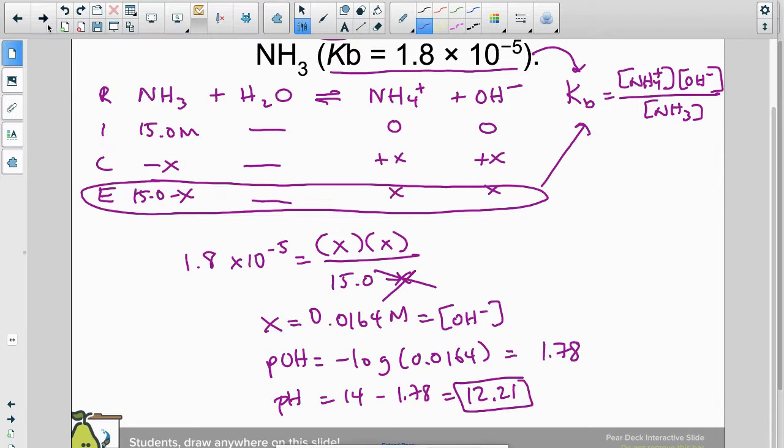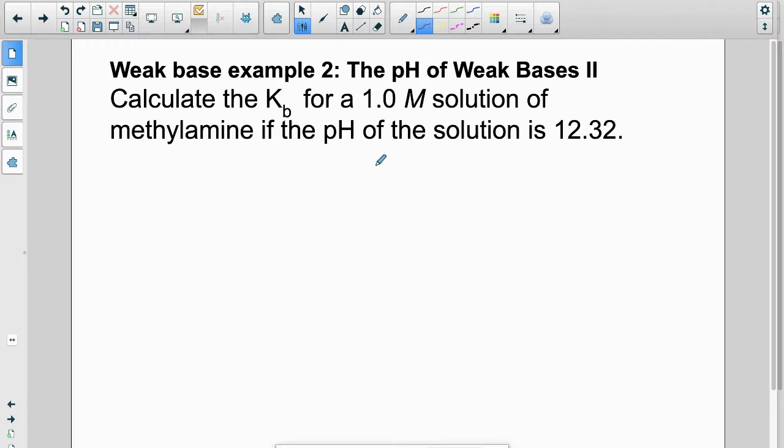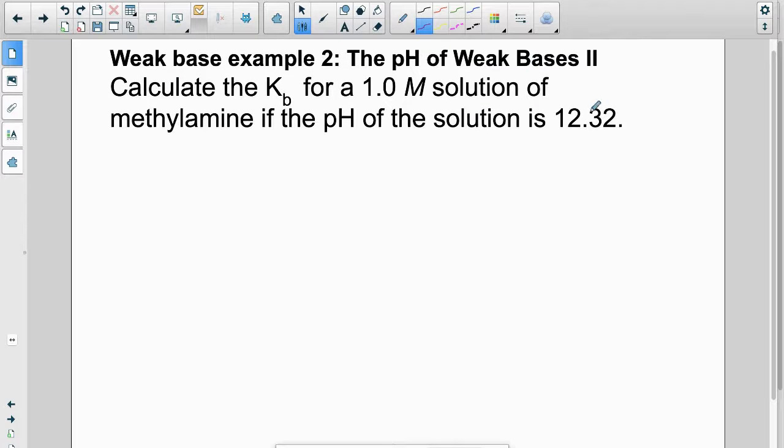All right, so let's take a look at the next example. Here we are given the pH, and now the question is to calculate the Kb. Okay, so we've got methylamine here. Methylamine has a formula of CH3NH2, and it will ionize with water. Again, we're going to write down our reaction.